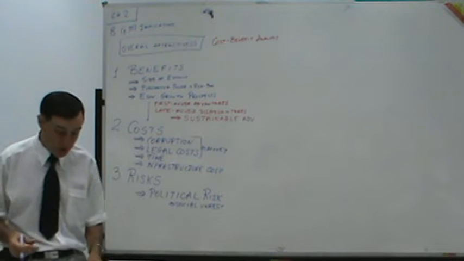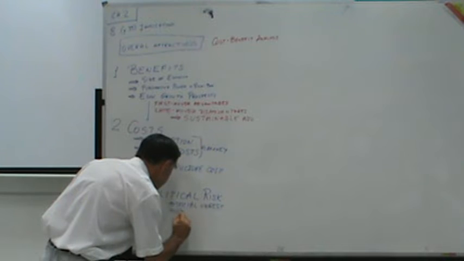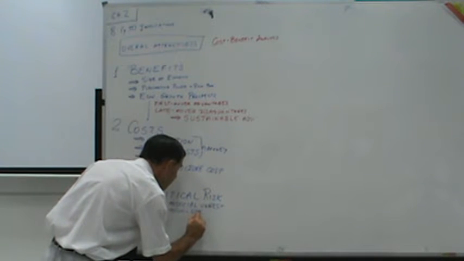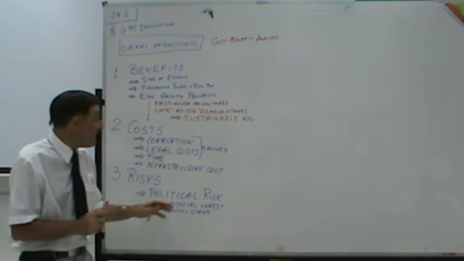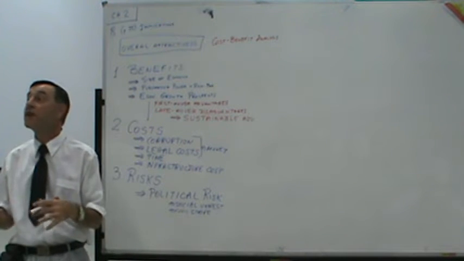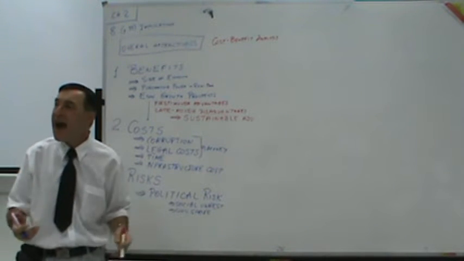So you have all sorts of political, sometimes called civil strife. This is fighting between different groups, whether it's for rights, for politics, for power.